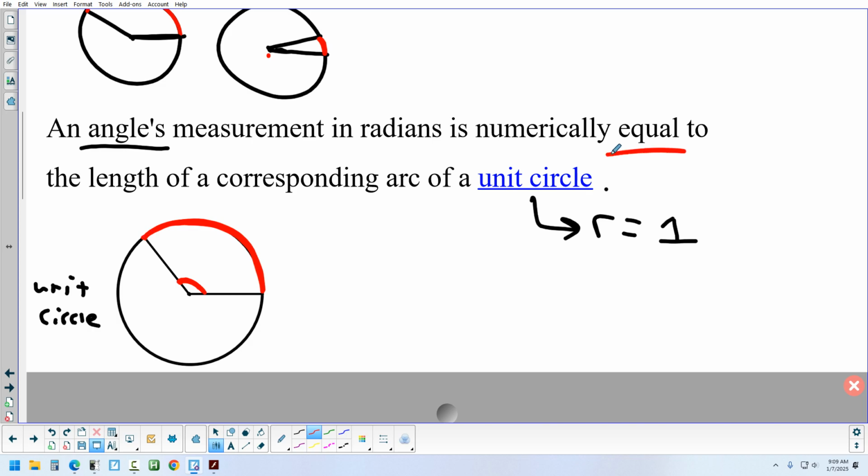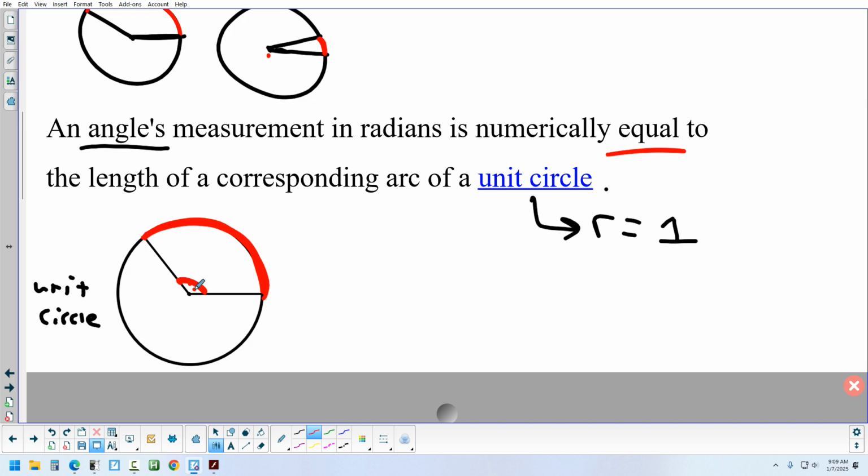They are equal. So what that means is, let's say this is in feet. If this is 1.5 radians when you measure it with a protractor, then if you took a piece of string, laid it down and measured that, it would come out to 1.5 feet. If it comes out to 2 radians, then that would be 2 feet. If it was 1.6 radians, this would be 1.6 feet.